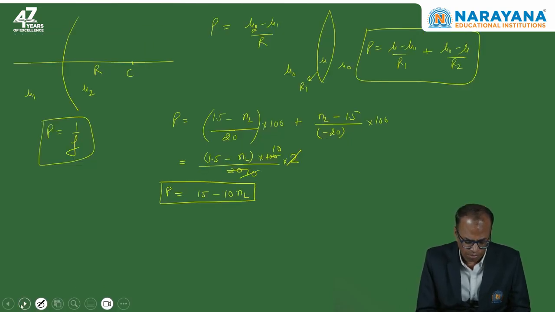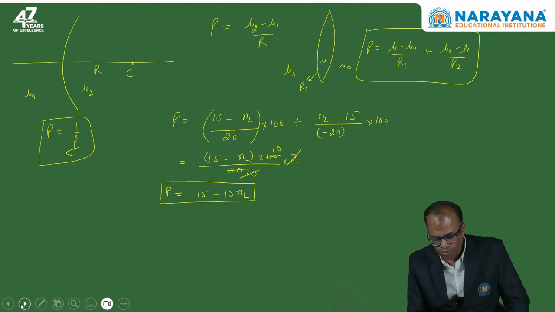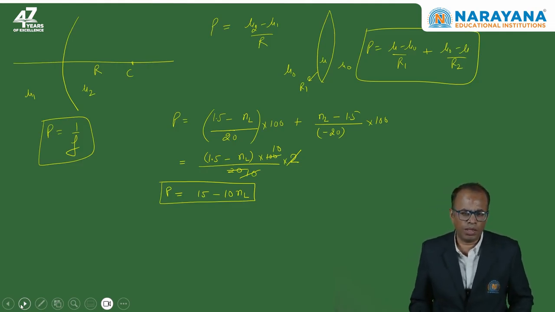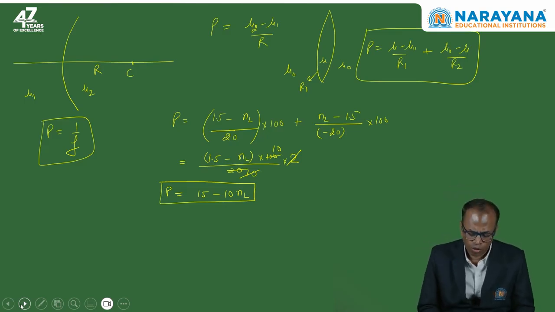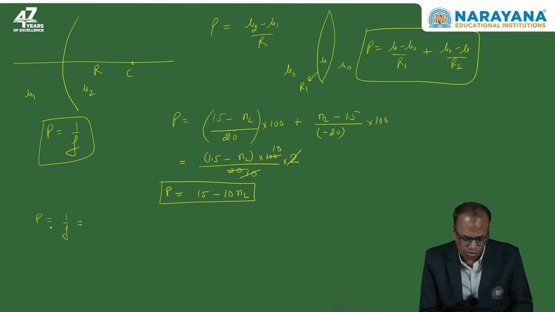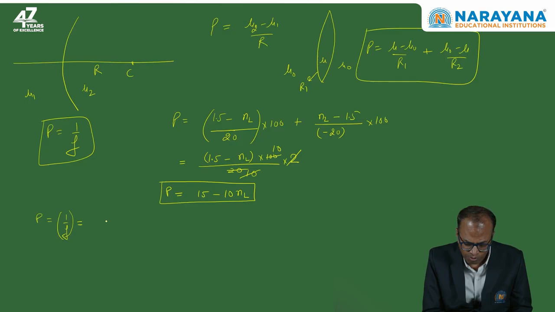But there have been instances in previous papers where power has been taken as 1 by F, and in the routine textbook like NCERT it is written as 1 by F. So if we talk about power as 1 by F, in that case I'll use Lensmaker's formula straight away.